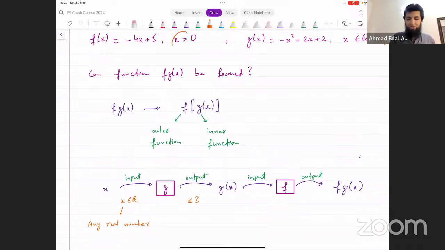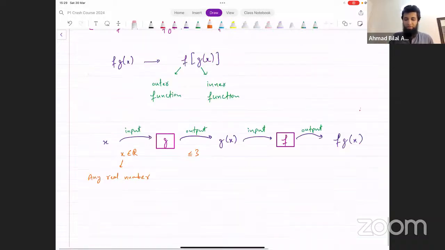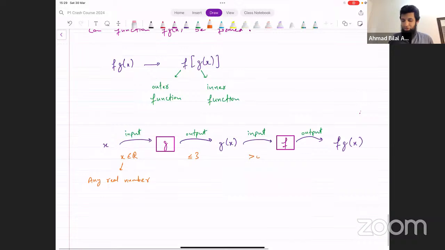And we have a condition on the function f that it can only take inputs that are greater than 0. So what's the domain of the function f? The domain of the function f is that you can only have values that are greater than 0. Now, let's write that down here as well. So g is giving you outputs that are less than or equal to 3, and function f can only take inputs that are greater than 0.